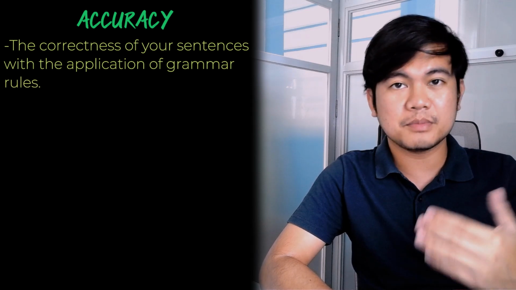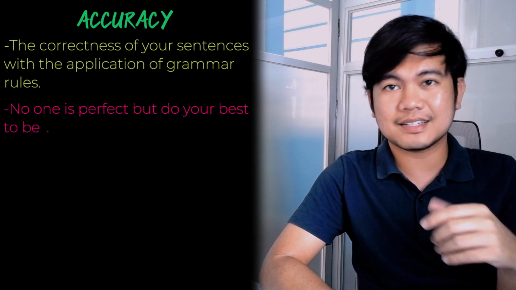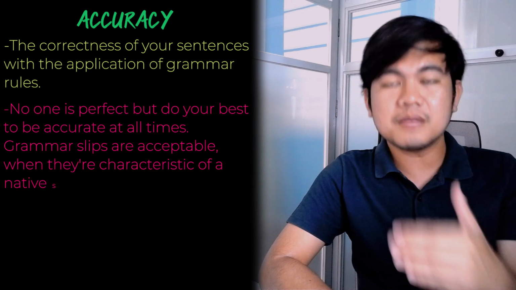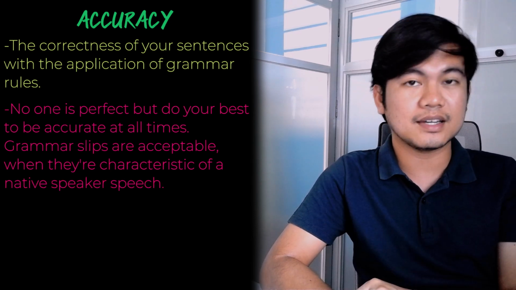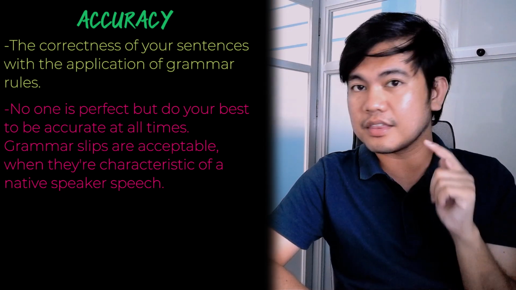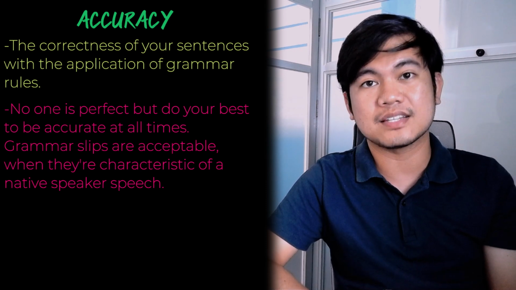You are not expected to be perfect. You can make several mistakes, like the characteristic of a native English speaker. I made several mistakes when I took the test, and I was still able to get a band 9. That's really possible. If you make mistakes, that should not be a hindrance to understanding the point of your answer.